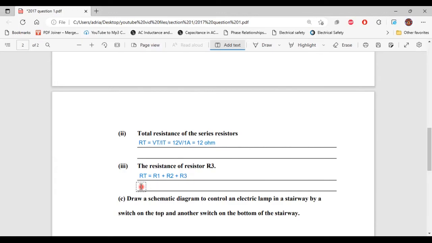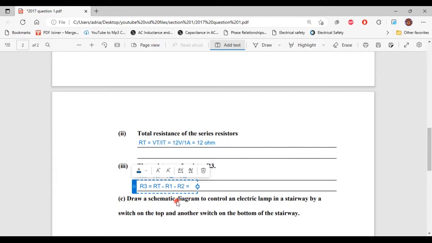So what we're going to do now is bring over R1 and R2 to the other side where RT is. And remember, when you bring over positive values, they will now become negative. Therefore, R3 is equal to RT minus R1 minus R2.